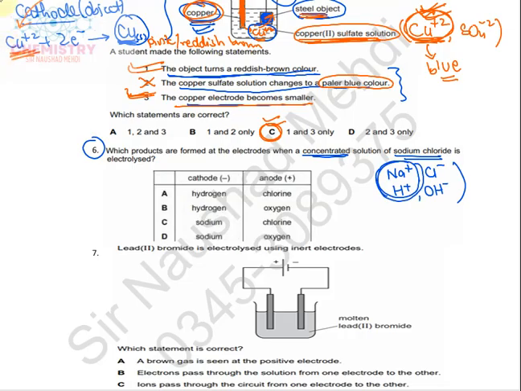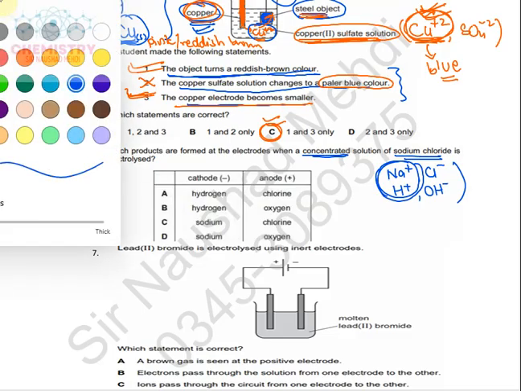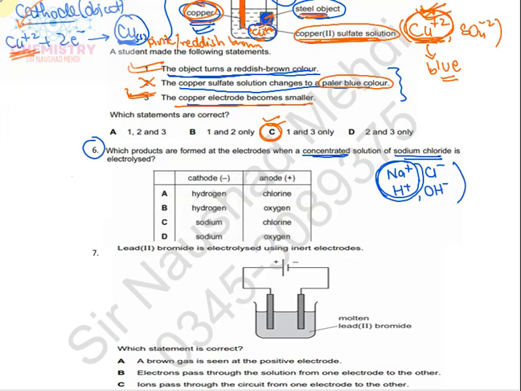Out of these two cations you just have to discharge only one of them. So you have to again apply the concept of selective discharge. Either the sodium ion will get discharged or the hydrogen ion will get discharged. As I have already told you earlier, whenever you have to select the cation, you have to see the reactivity series, the ease of discharge series, right?